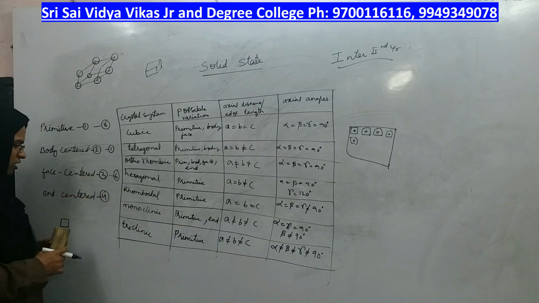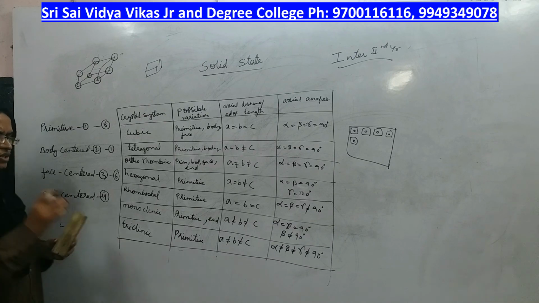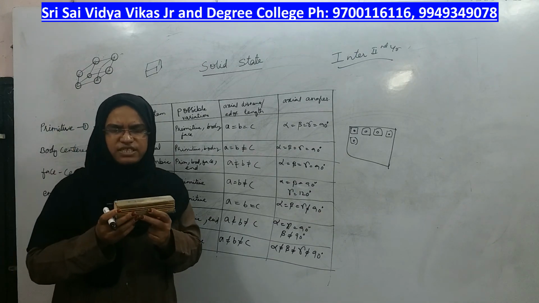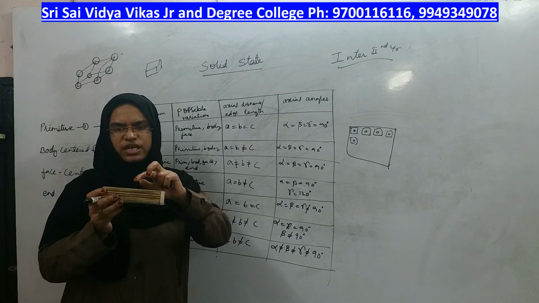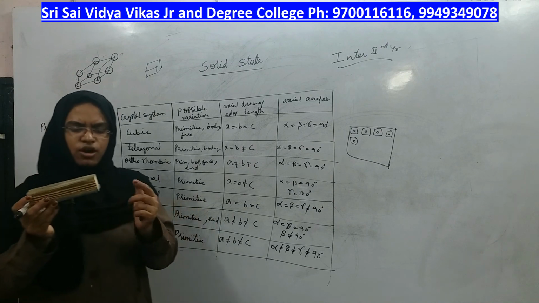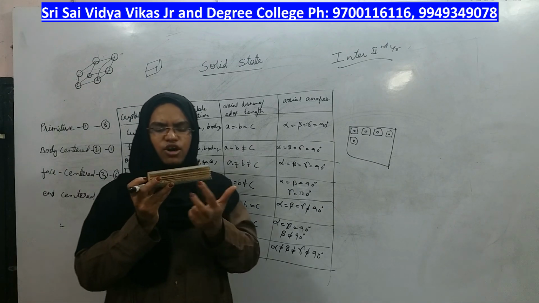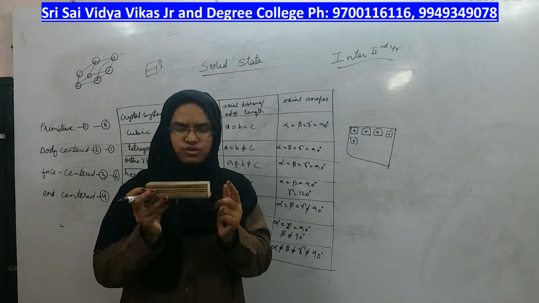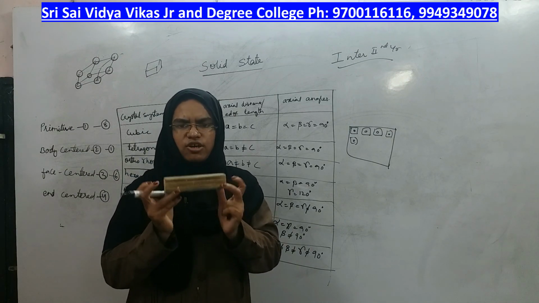Coming to the next type of arrangement, in the unit cell you take any two faces which are opposite, whether top and bottom face, or right and left face, or front and back face. You should not count all the 6 faces here. You should only take faces which are opposite to each other.